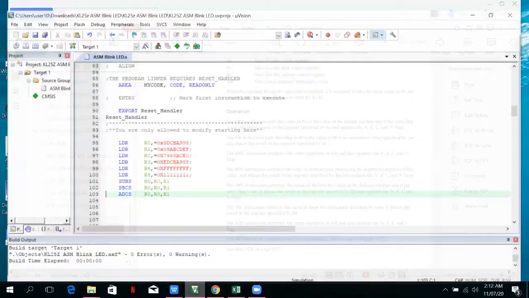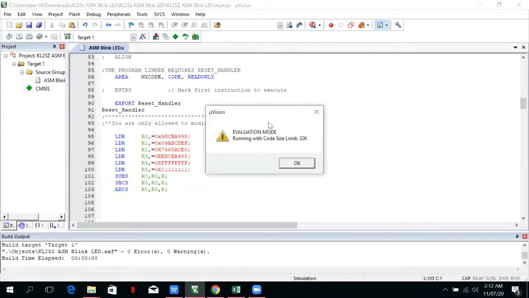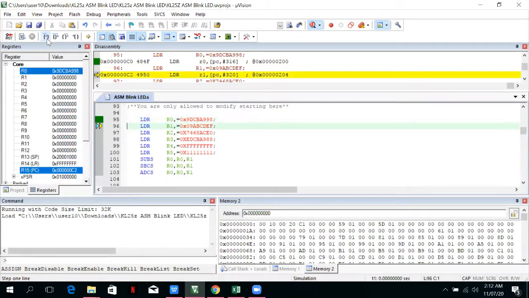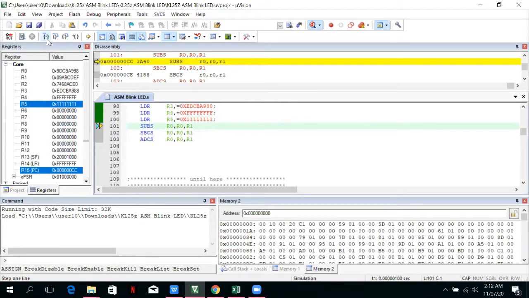So let's go to Keil. Here is the simple coding. We have to check, and there is no error. Continue to debug. Okay, load. For the SUB instruction, this means R0 minus R1, and the result will be placed at R0.